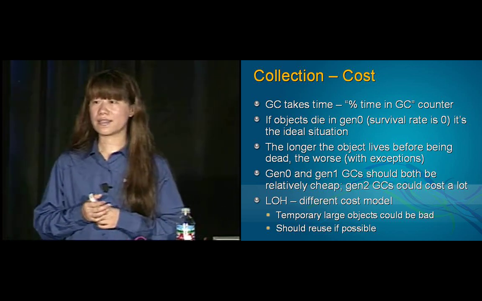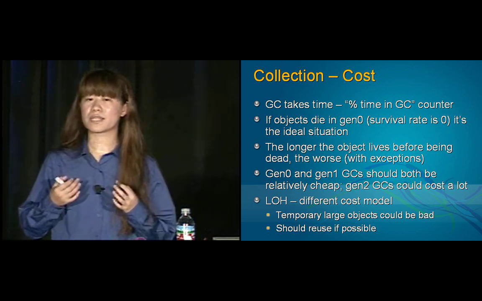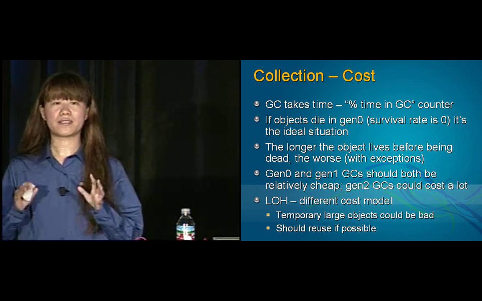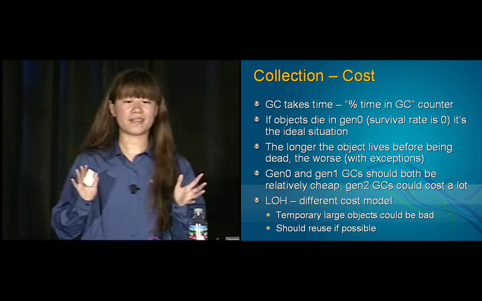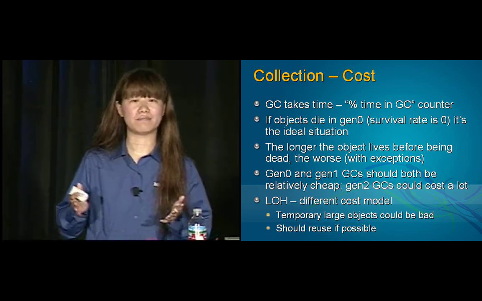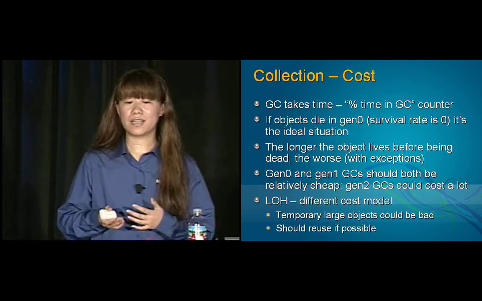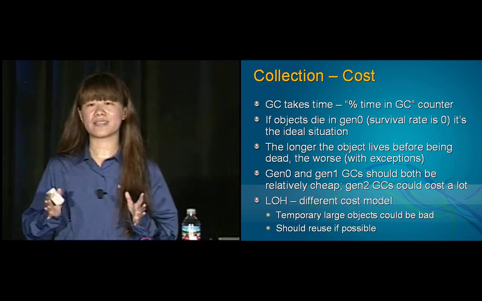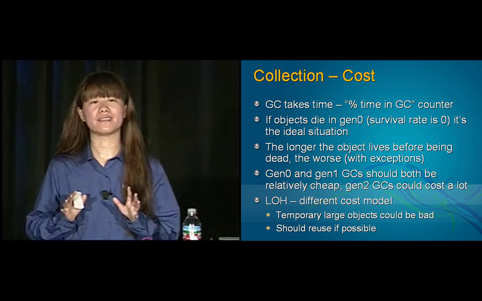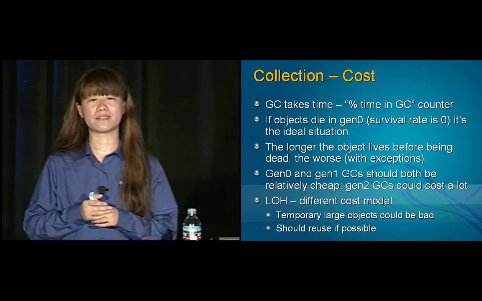As I said, in a well-tuned app, objects usually die in Gen 0. In the ideal situation, all your objects die in Gen 0. That's great, but that's not practical for any real-world apps. So the longer the objects live, the worse it gets. And as with anything in perf tuning, there are always exceptions.